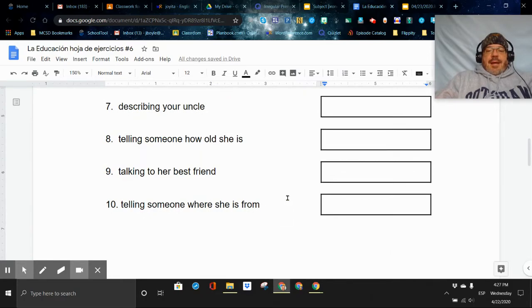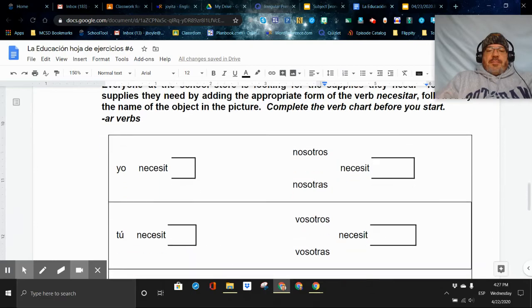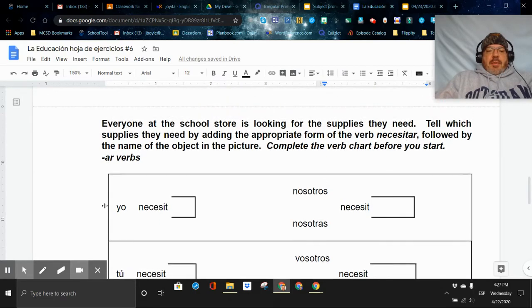Okay. And then you're going to come down here. Do you remember the endings that we use for verbs that end in AR? Remember doing this? I think we did this in class. The verb is necesitar.